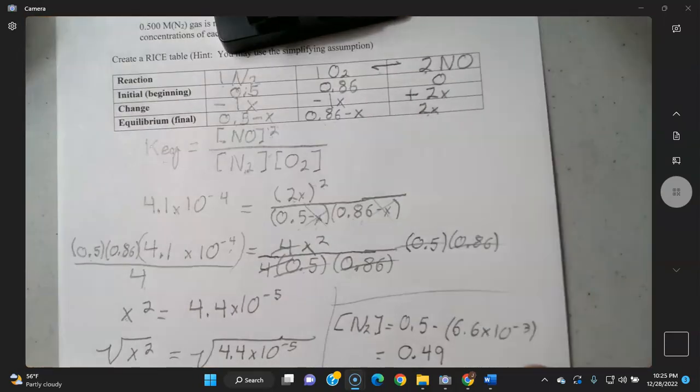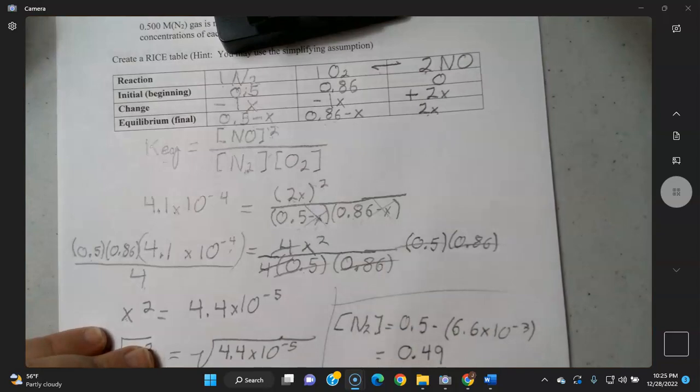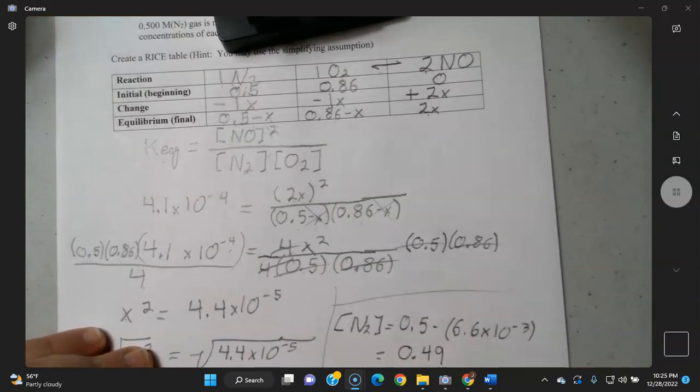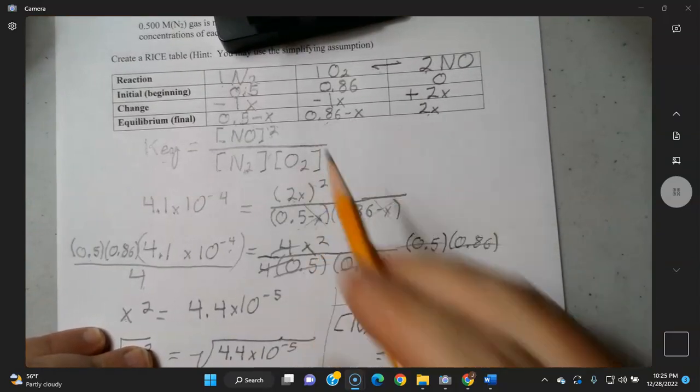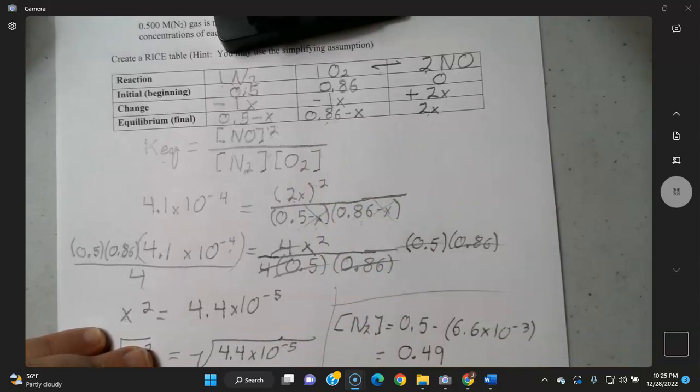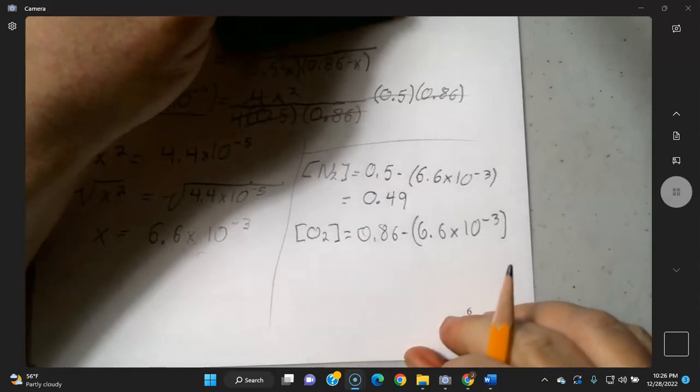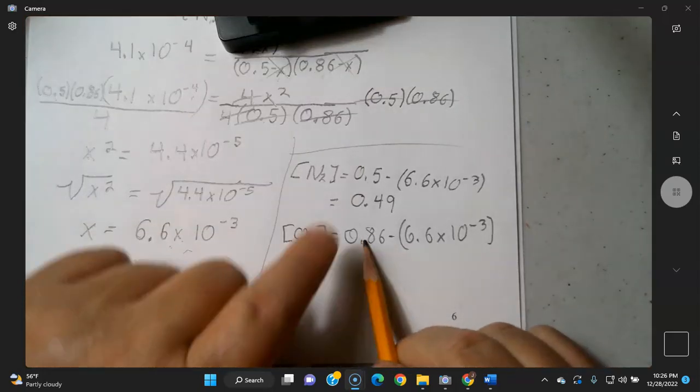Okay. Next is O2. So concentration of O2. It's this 0.86 minus our x value again, 6.6 times 10 to the negative 3rd. Okay, and I'm off screen. Let's get on screen there. There it is. 0.86 up above.